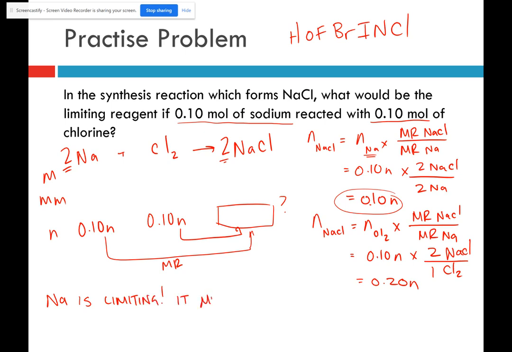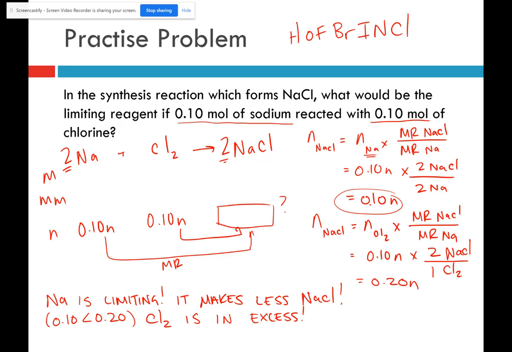It makes less NaCl, because 0.10 is less than 0.20. That also means that Cl2 is in excess. We're going to have extra unused chlorine left over in this reaction.